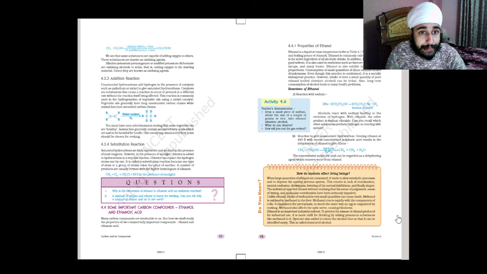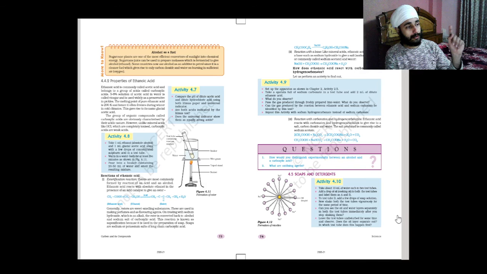So have you seen in the lab that ethanoic acid is placed on the shelf and it gets a glacial look, means ice was frozen on the top layer or on the walls of the beaker or the container which holds it. So the group of organic compounds called carboxylic acids are characterized by their acidic nature.